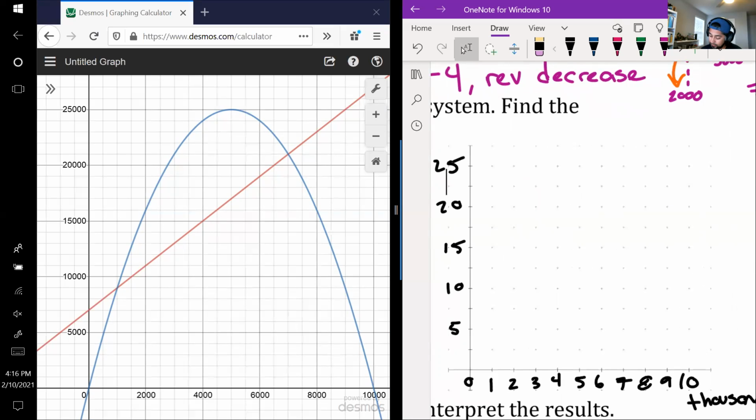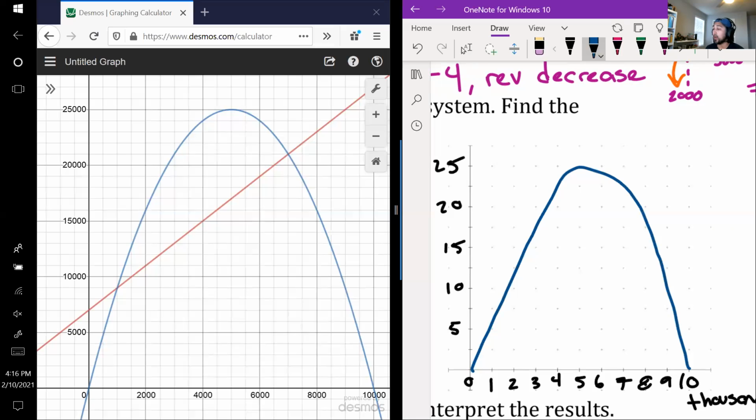So my revenue function is going to look something like this. Doesn't have to be perfect, just comes down. There we go. And then my cost function is going to look like this. It starts at 7,000 and it's going to cross right there. Oh, I don't have to go further. We stop at actually 10,000. So something like that.